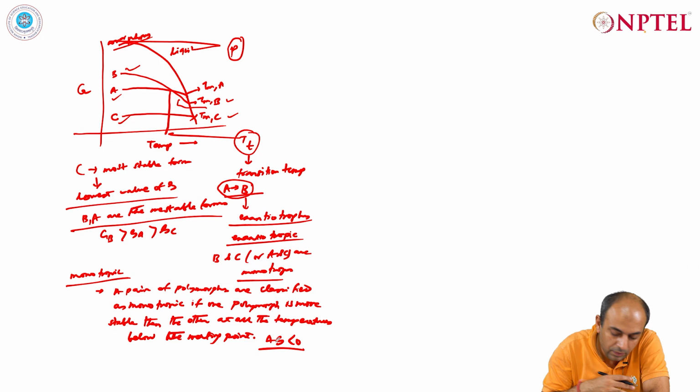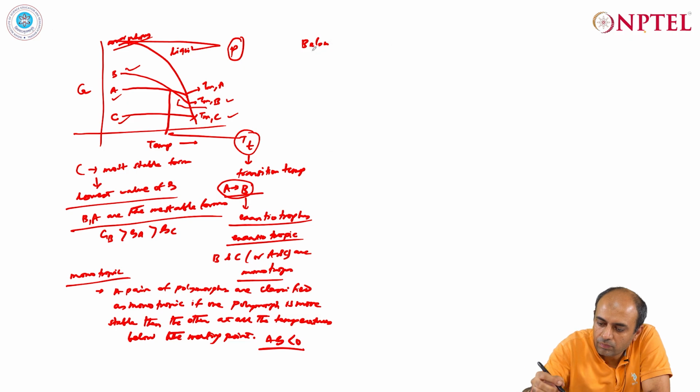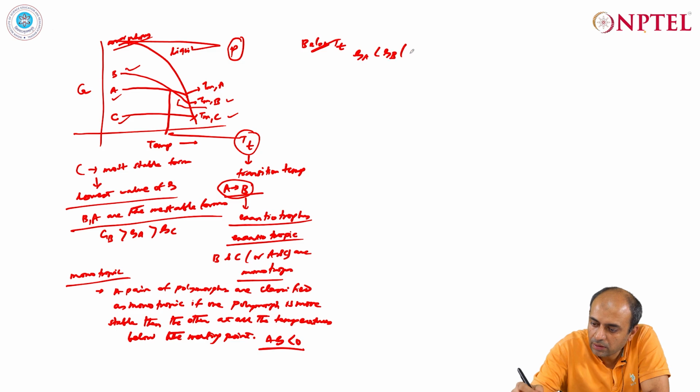So, what happens is that below Tt, A is more stable than B, Ga is less than Gb, so A is stable, but after Tt, Gb is less than Ga, so B is stable.